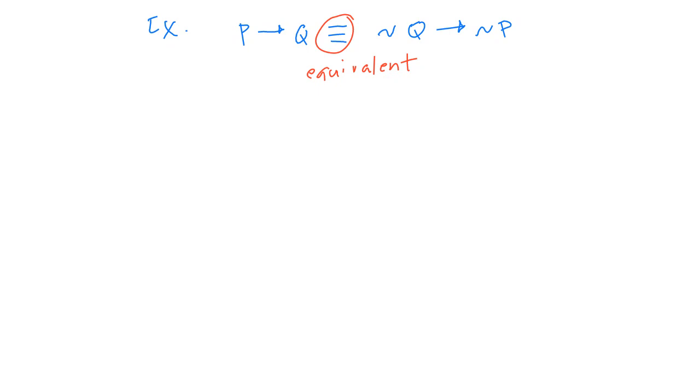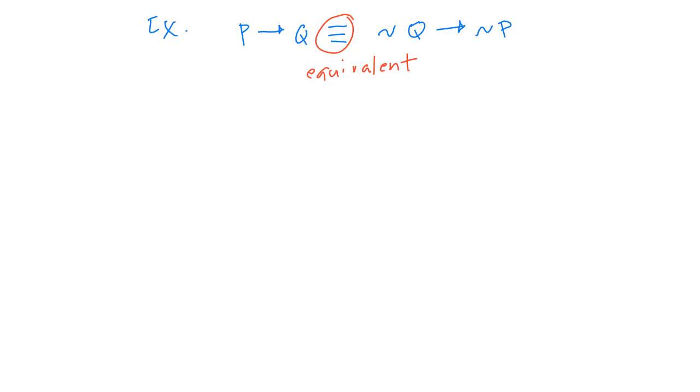If they are exactly the same in the truth table and the true-false output, then they are really equivalent statements. So let's create the truth table.